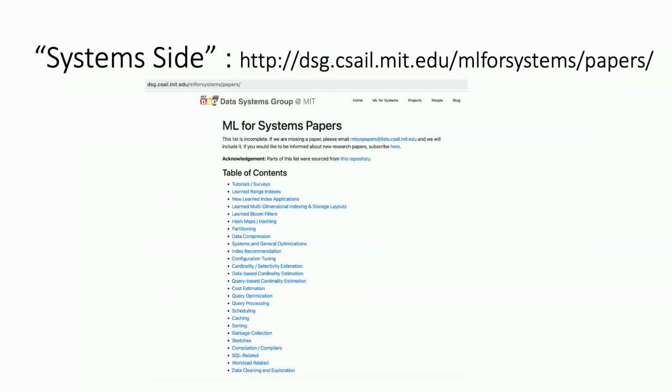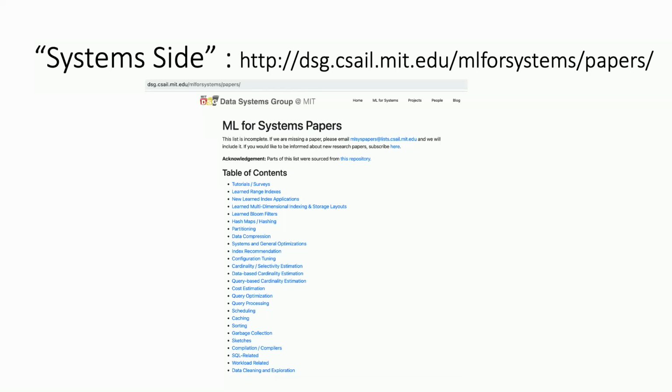Also, one of the reasons I think this is an interesting area is that I do a fair amount of collaboration with people on the systems side. And, as I'll talk about, a good part of this work also comes from the systems side. They're very interested in this. They see machine learning as a way of improving and building systems.